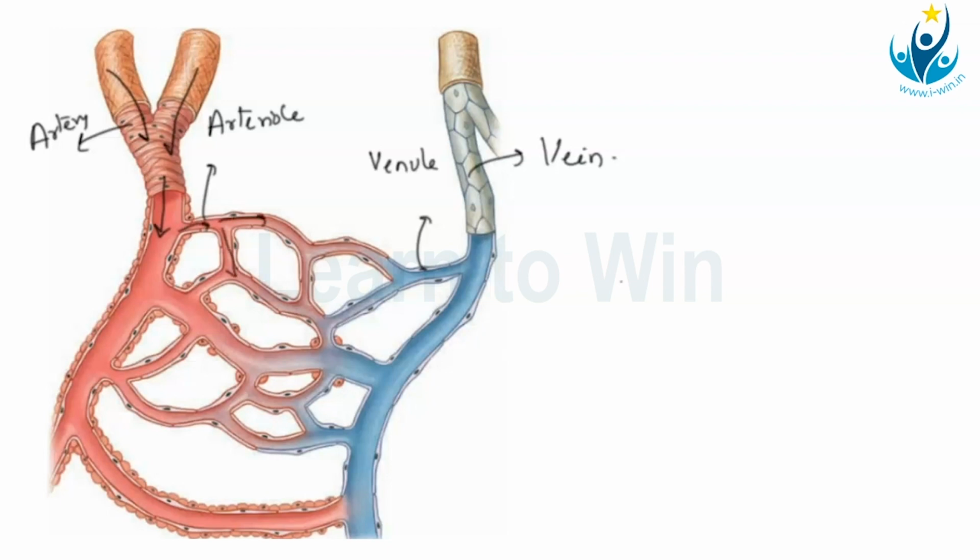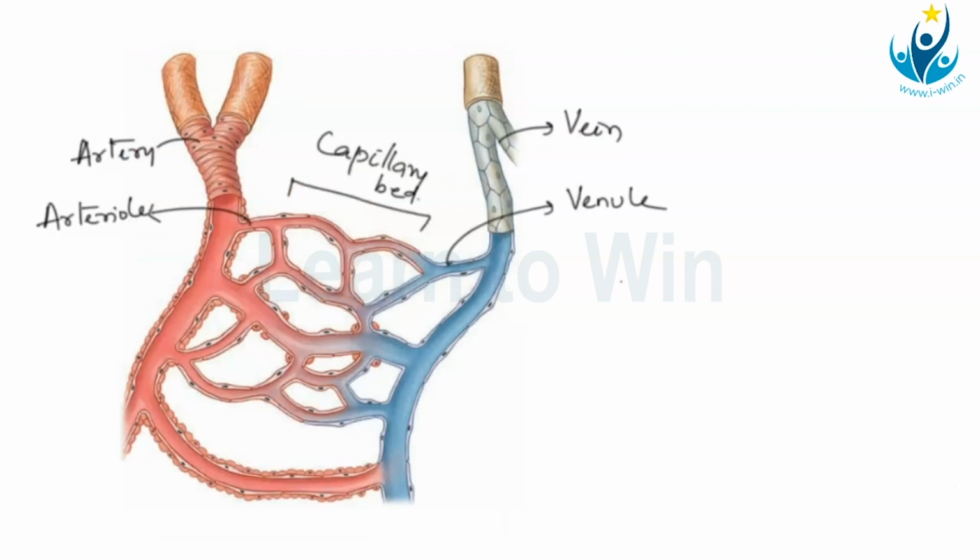Once it reaches the capillary bed, there will be the exchange of oxygen and taking in of carbon dioxide. Then the deoxygenated blood will slowly flow into the venules, from the venules into the vein, and then back to the heart. So this is blood vessels: the arteries, the capillaries and everything.